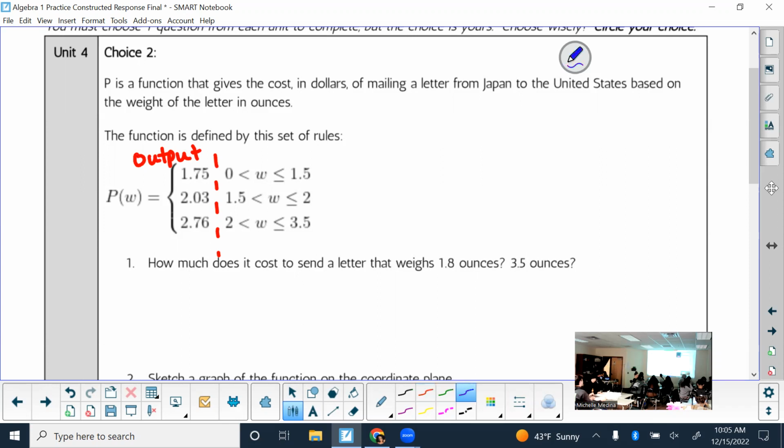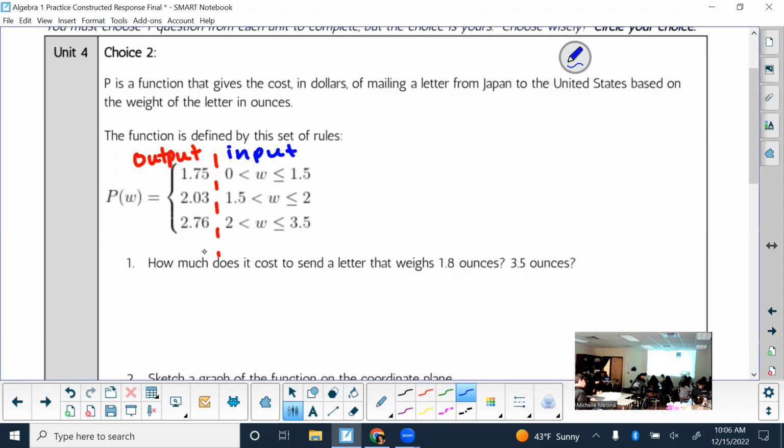The other part tells me my input, and the way that it's written tells you basically, for the first one, it costs 1.75 from above 0 to 1.5. And then above 1.5 to 2, it's a different cost, and that's how you read it.